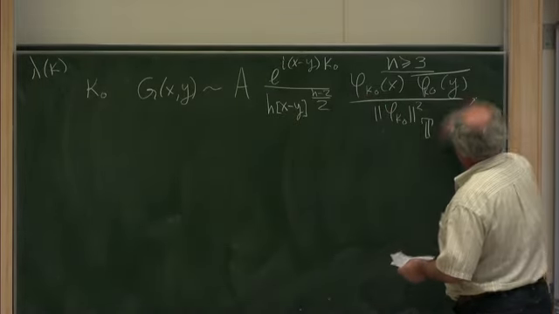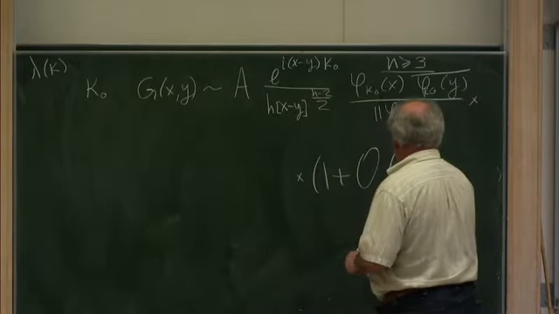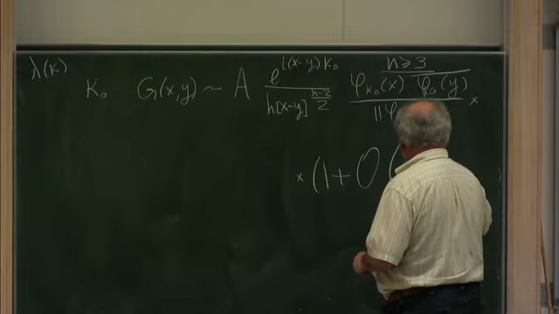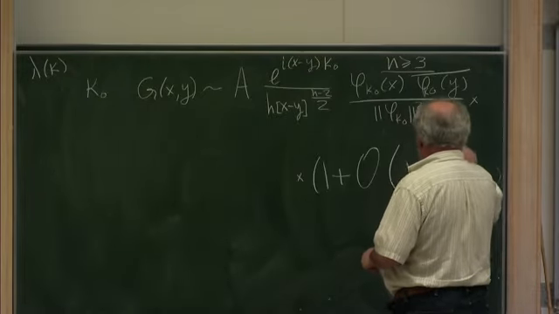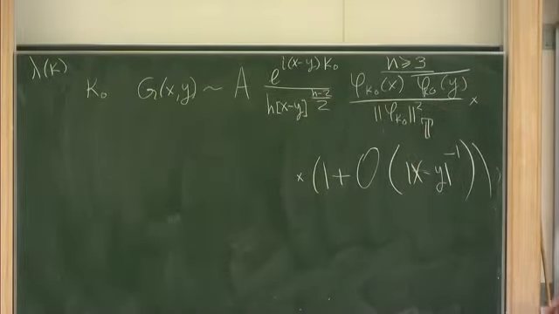And this is all times 1 plus O of |x minus y| to the power minus 1. So the principal term is this.